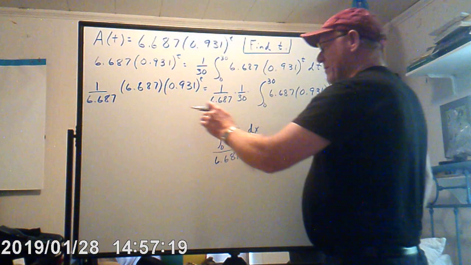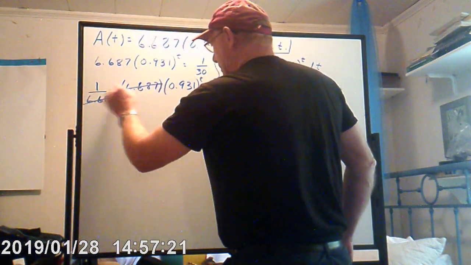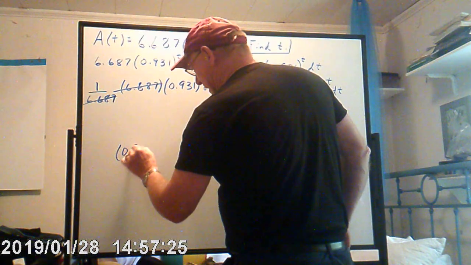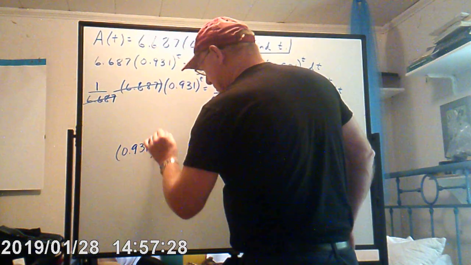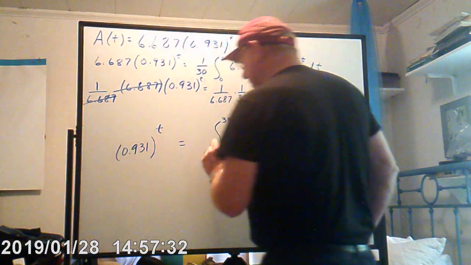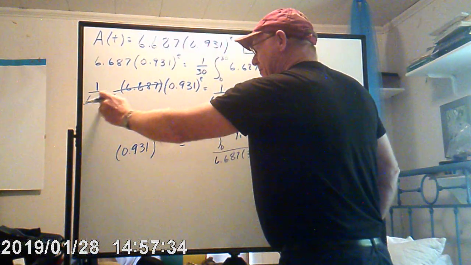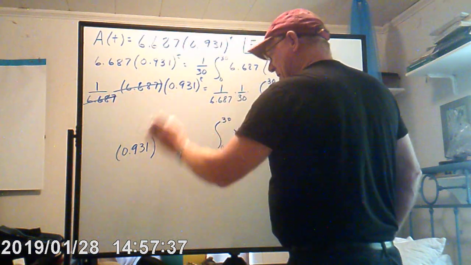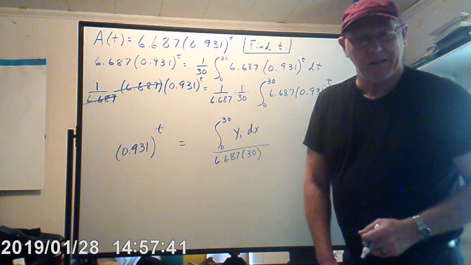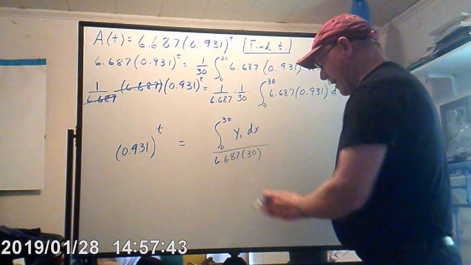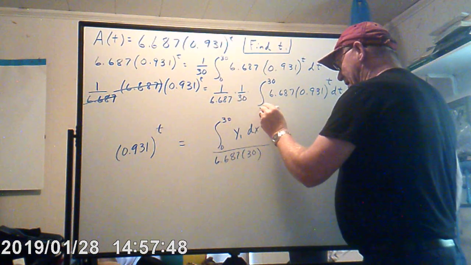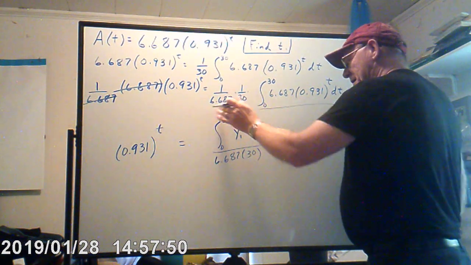On this left side, now this is gone, and I'm left with just 0.931 raised to the t, and now that's equal to this. Remember, I multiplied by the reciprocal of this, so I could just get this by itself. I want to introduce that ln, see? That's what I wanted to do. Now all of this is really underneath this right here.